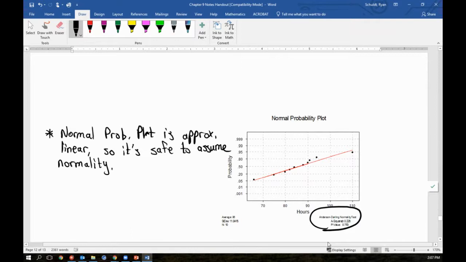Typically, if this p-value, the p-value is that bottom number down here, typically, if the p-value is greater than 0.05, then it's safe to assume normality.